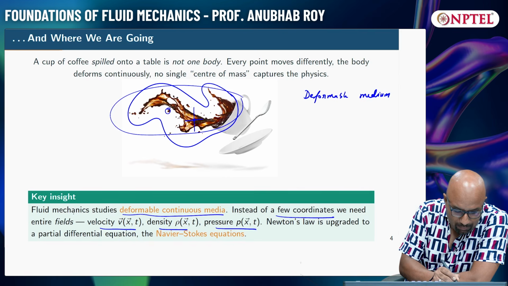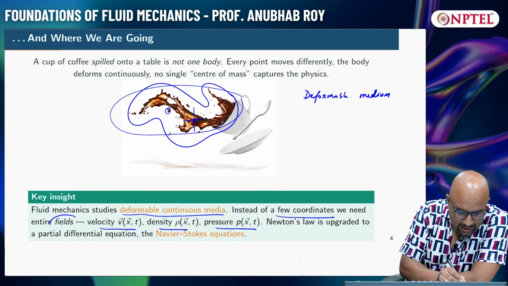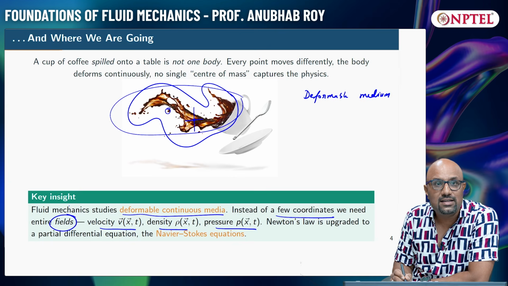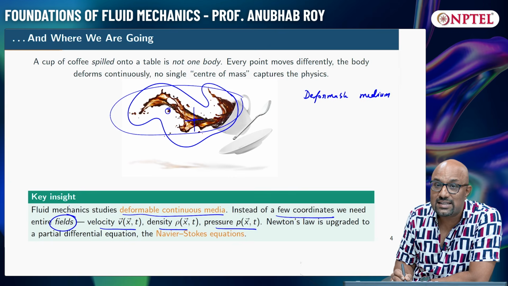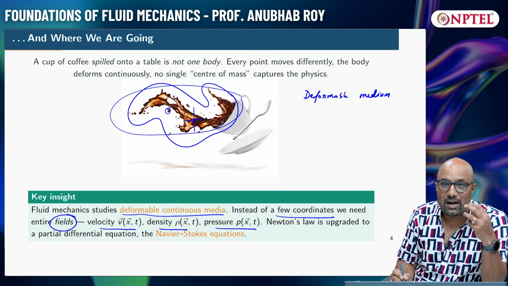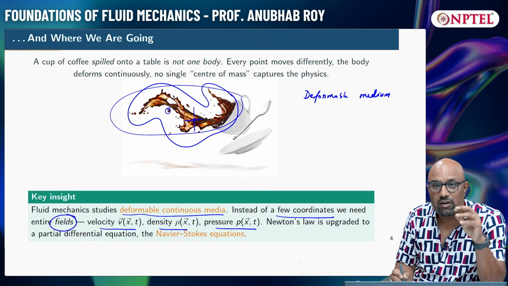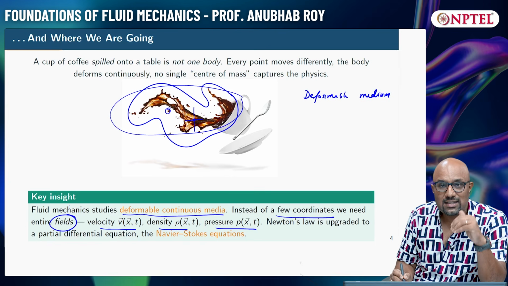The important point being made is that we are interested in fields. We are not interested in a single point description. This is where the departure starts, and this is where we will close this lecture, asking in the end: when can we define this to be a field?